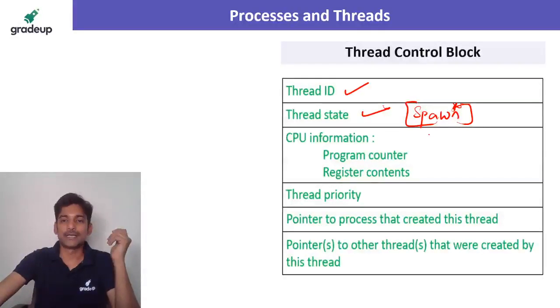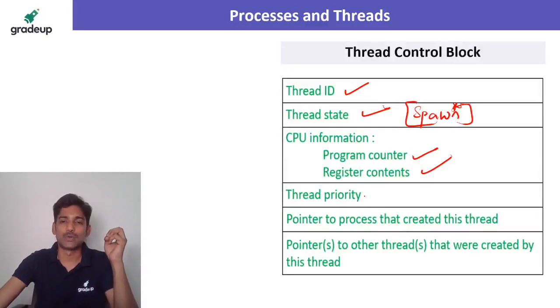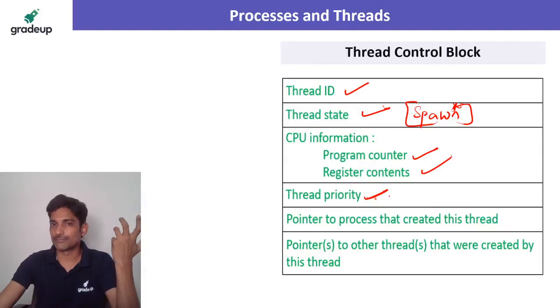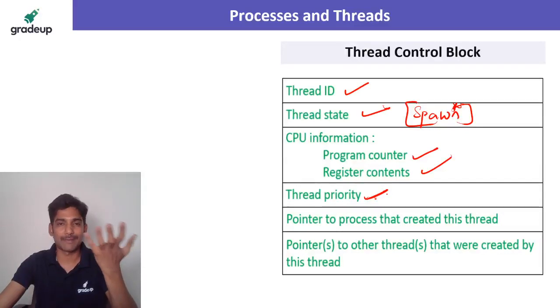It also holds what gets executed next and what registers it holds. What is the priority of a thread? When you see this term thread priority, students, you might recall Java multi-threading: get priority, set priority, default priority is 5, minimum priority 1, max priority 10, right? And a pointer to the process that created this thread.